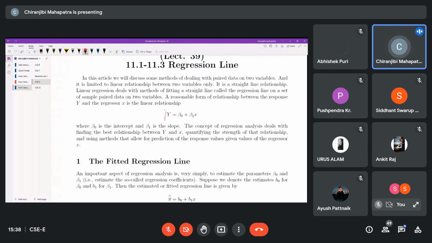So y equals to beta naught plus beta 1 x. Sometimes the error epsilon, so that is the error term. Okay, y equals to beta naught plus beta 1 x plus epsilon. Most of the time this is the actual model. So epsilon is the error term.